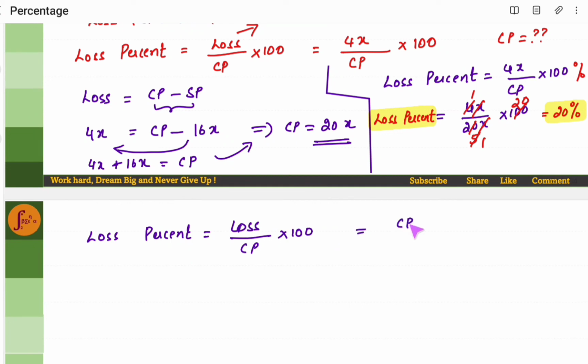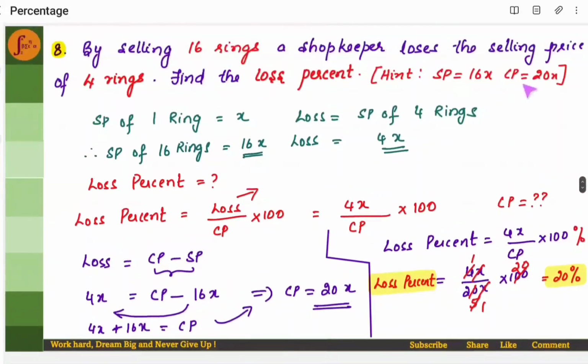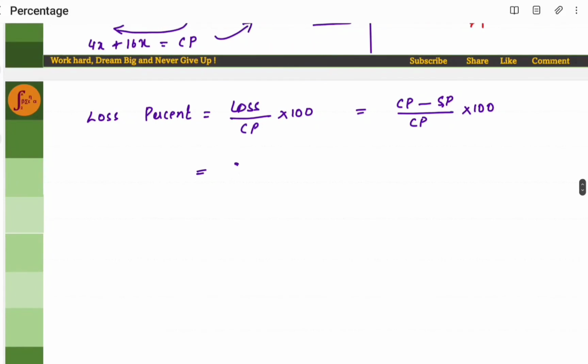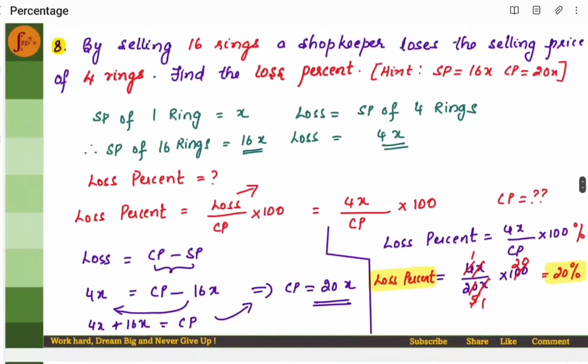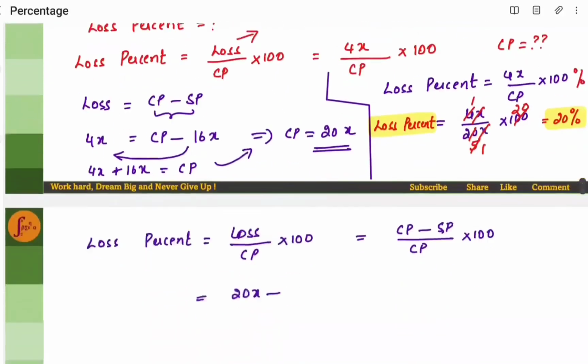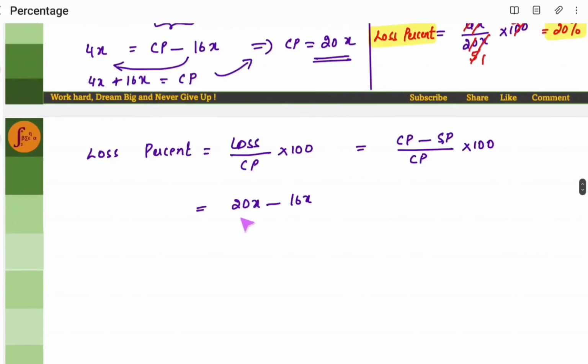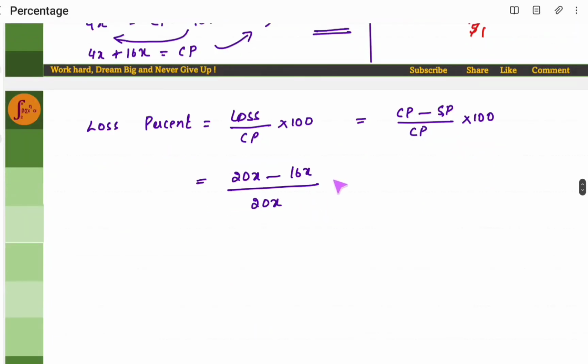Loss is nothing but cost price minus selling price, by cost price, into 100. Cost price they've told to use as 20x, so I'll put 20x. And selling price is 16x. 16x by 20x into 100 and percent symbol.